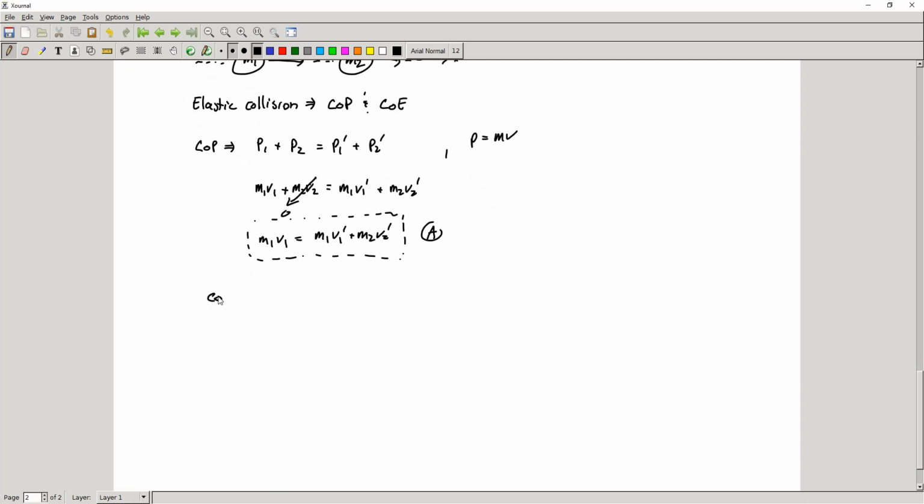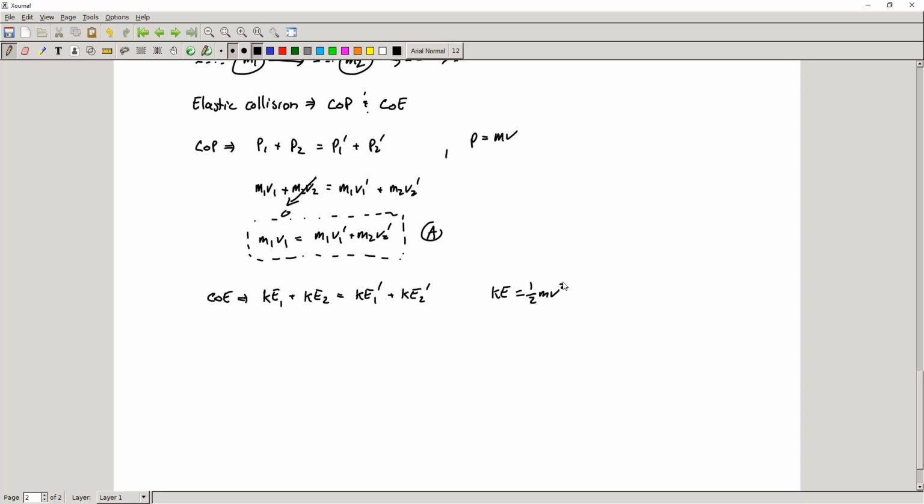Okay, so conservation of energy implies that the kinetic energy of object 1 initially plus the kinetic energy of object 2 initially is equal to the kinetic energy of object 1 after the collision plus the kinetic energy of object 2 after the collision, right? And this is what conservation of kinetic energy means. It means that we have the same kinetic energy before the impact as we do after, right? And so let's remember that kinetic energy is just a half mv squared.